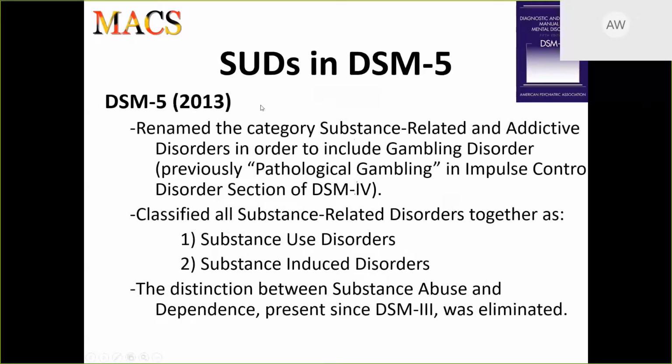If there are people here that are used to DSM-4, recognize that with DSM-5, in order to include pathological gambling or gambling disorder, they changed the overall grouping that substance-related disorders goes into to include other addictive disorders, which is gambling disorder. And then we did away with substance abuse and substance dependence, and made it just one continuous substance use disorder.